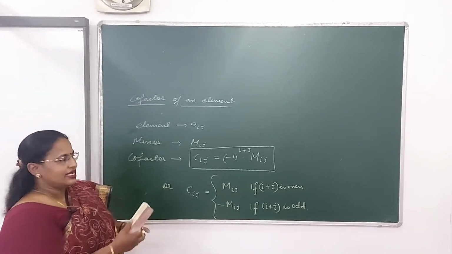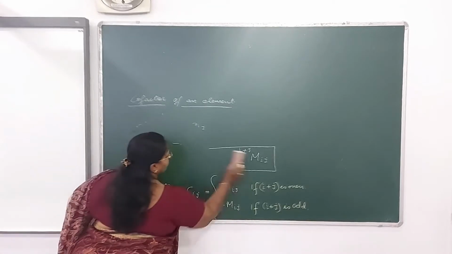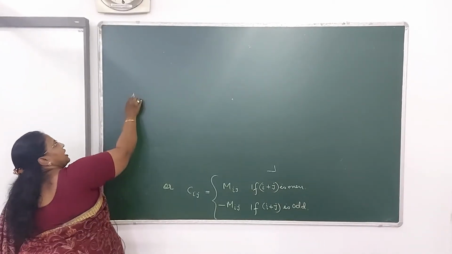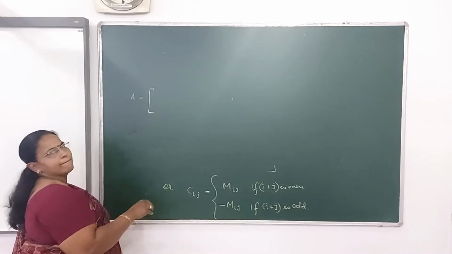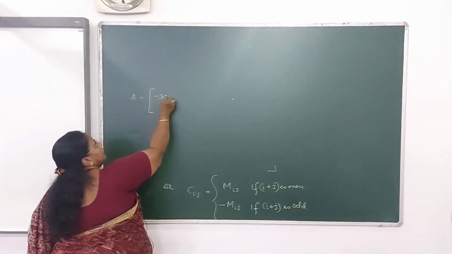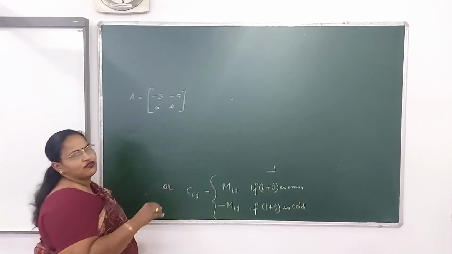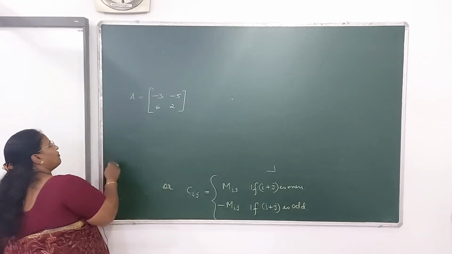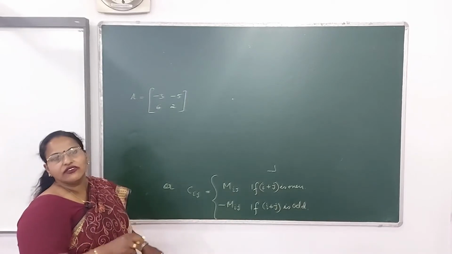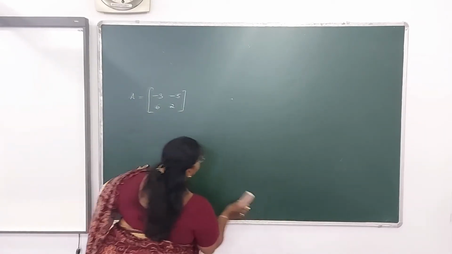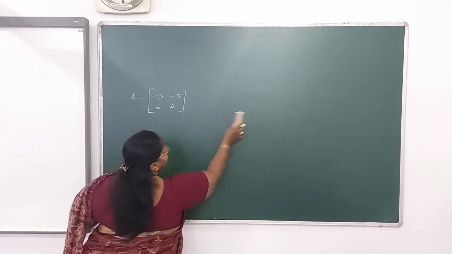So now let us take an example. Let A be a square matrix here. A is equal to minus 3, minus 5, 6, 2. The question is to find out the cofactor of each and every element of the given matrix.